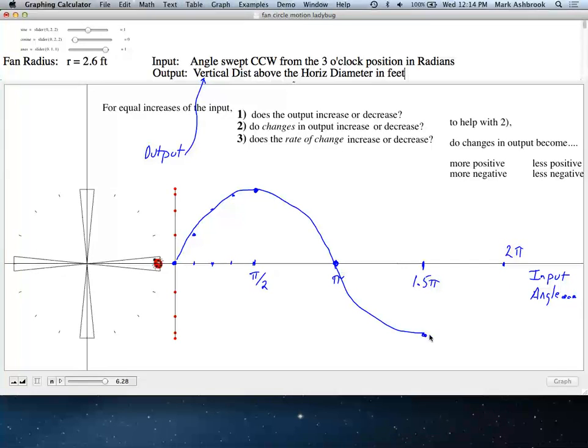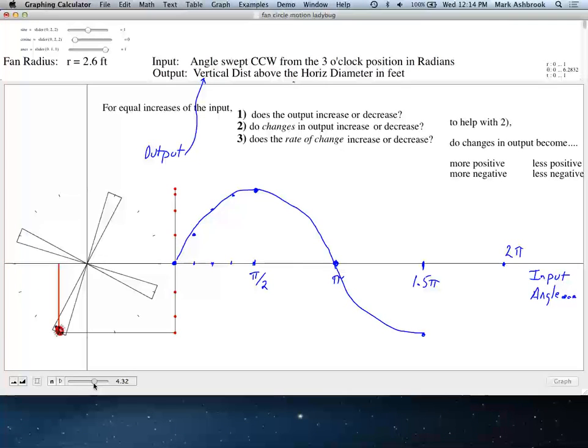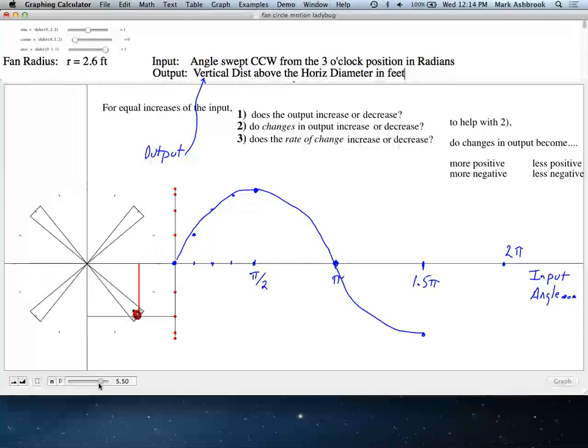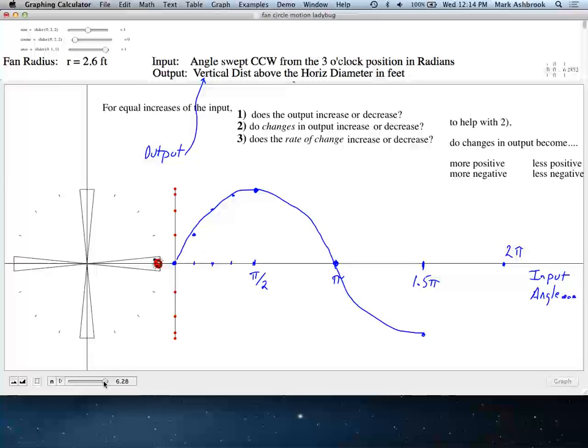Increases from negative 2.6 to 0. So therefore the changes are positive or negative? Positive changes. If we've got an increasing quantity, those changes are positive. Getting more positive or less positive? More positive. Therefore the rate of change is increasing, and the graph is concave up.